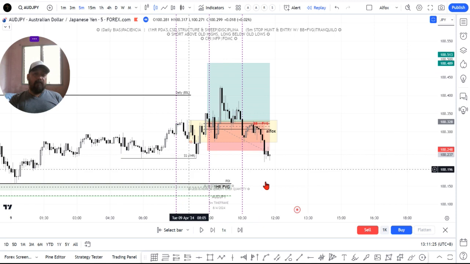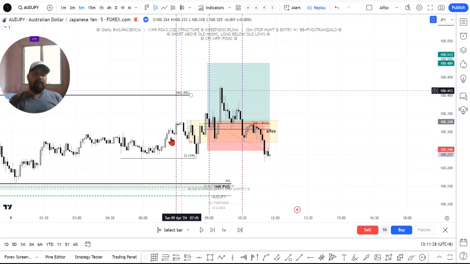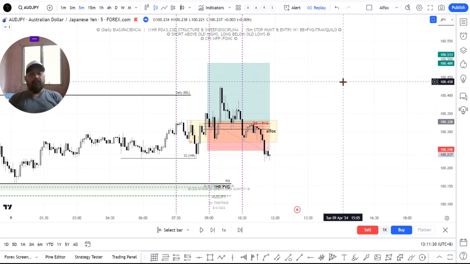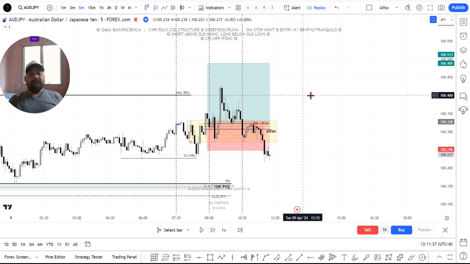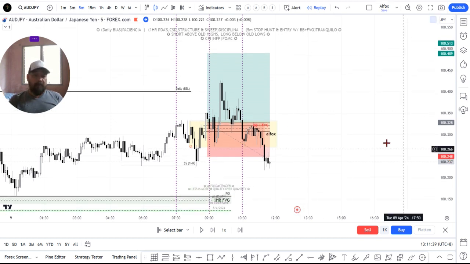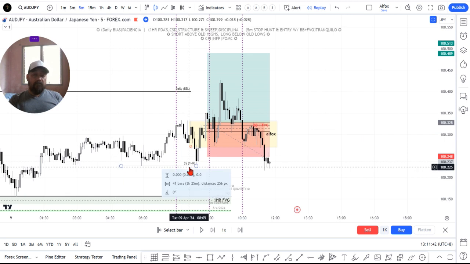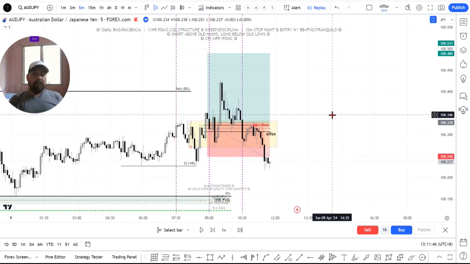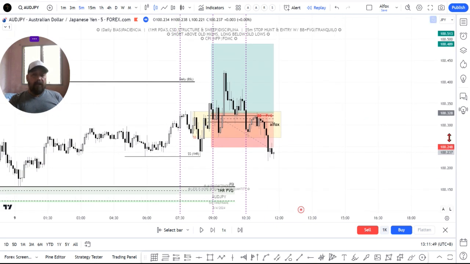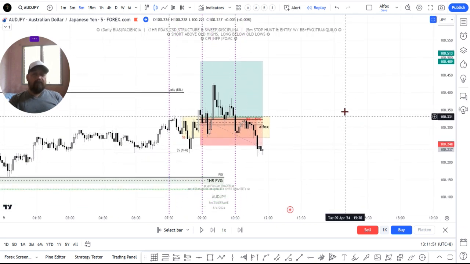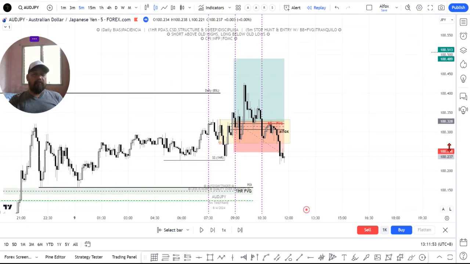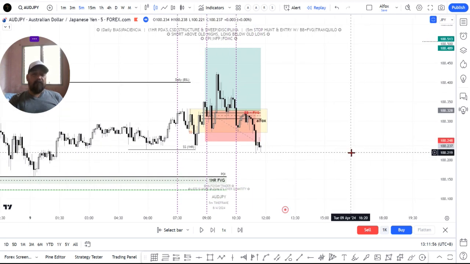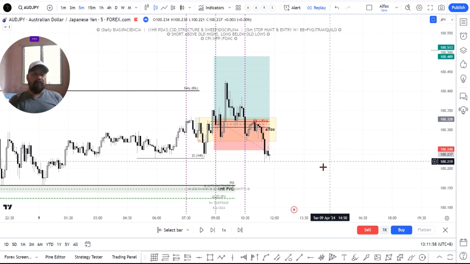I wrote down what I felt, what happened, my emotions, my experience. And the important thing is, even though I lost this trade, I'm not so sad because I know that I followed the rules, I followed my conditions, we had complete conditions, and we had our bias. I know that my bias was right, but sometimes you can't control the price. Price can do whatever it wants.